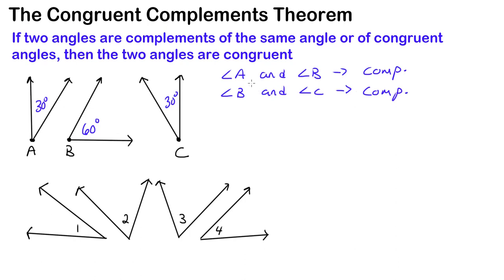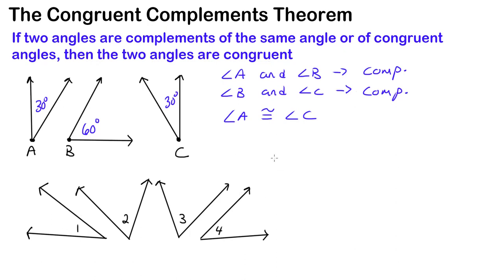So if angle A and angle B are complementary and angle B and angle C are complementary, then angle A is congruent to angle C. And that's this part here of if two angles are complements of the same angle, then the two angles are congruent.